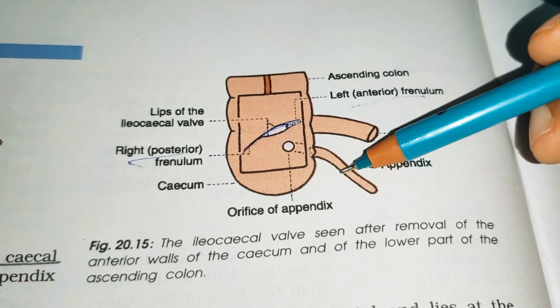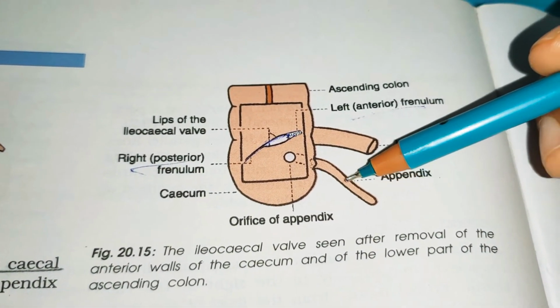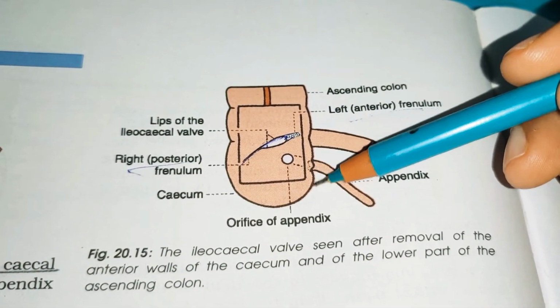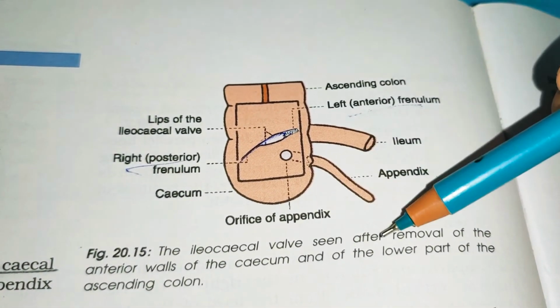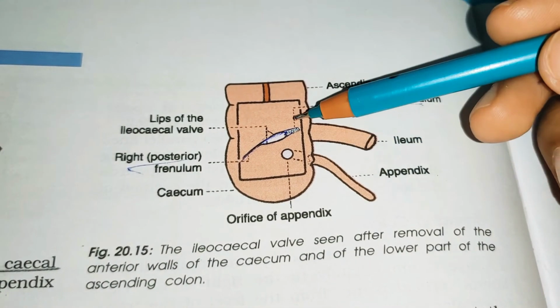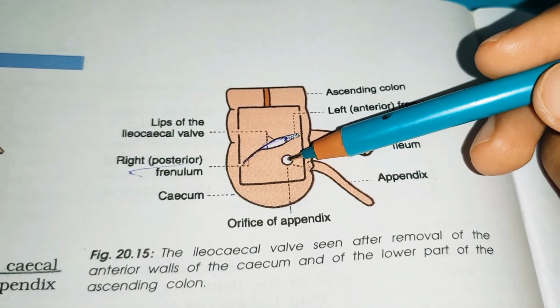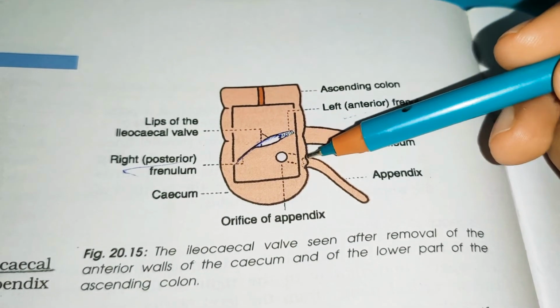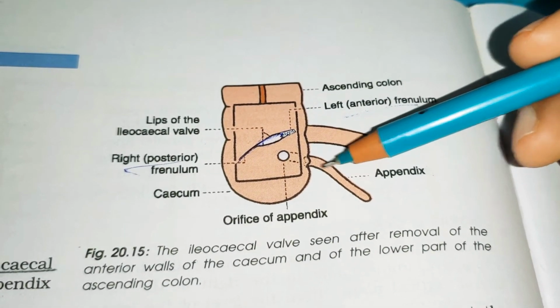Now let us discuss the appendix, the vermiform appendix. It looks like a worm, a worm-like diverticulum arising from the posterior medial wall of the cecum. It is 2 centimeters below the ileocecal orifice.